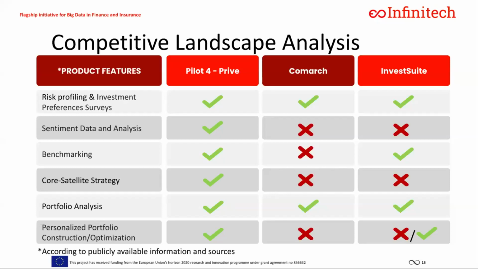Also some features such as benchmarking, core satellite strategy, portfolio analysis, and mainly personalized portfolio construction, as many competitors offer only model portfolios, which are not individually constructed. In the case of model portfolios, for example, a person is assigned to a certain risk group and then is assigned to a predefined portfolio with certain assets, which excludes the personalization which Pilot 4 targets.